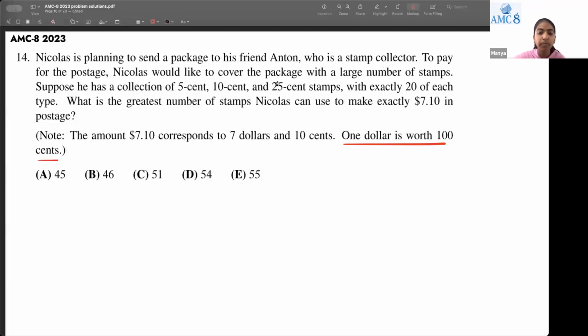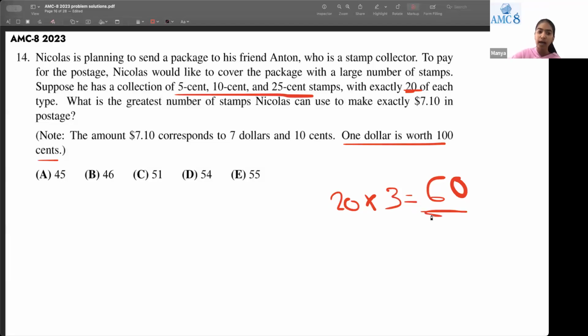Here they said that there are exactly 20 of each type, meaning that there are three types of stamps, and so the total stamps would be 20 times 3, which is equal to 60. So there's a total of 60 stamps.